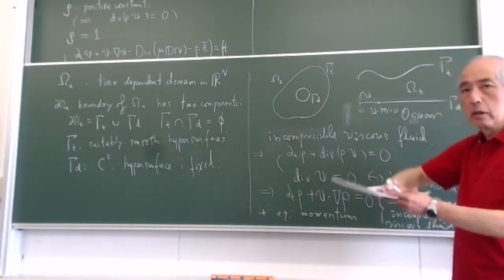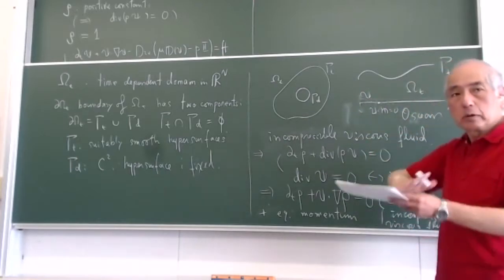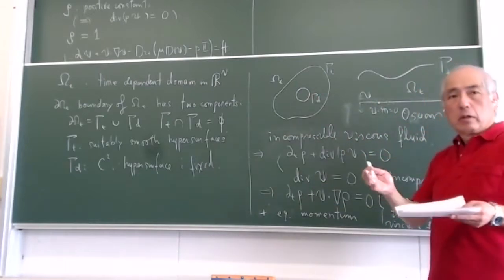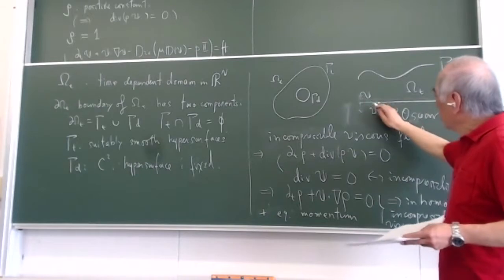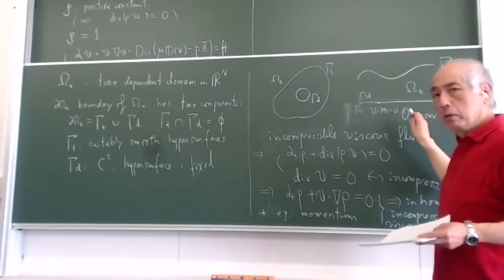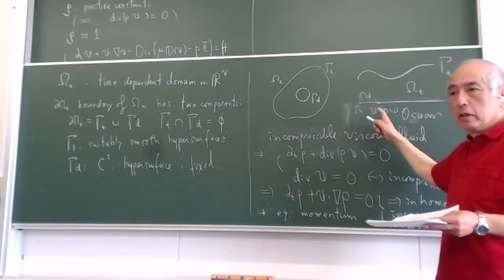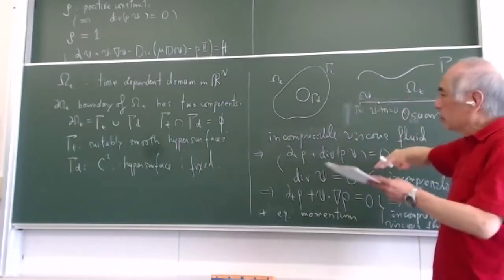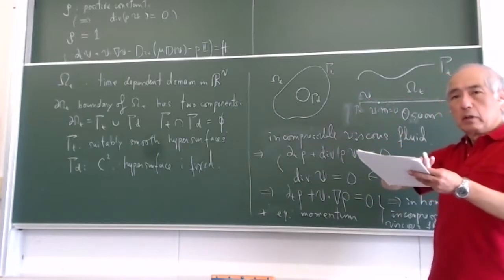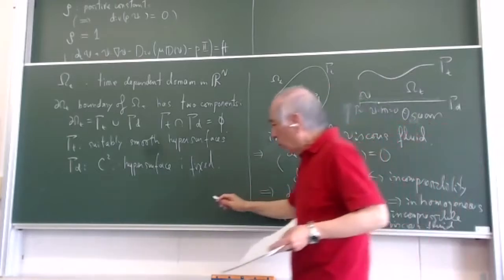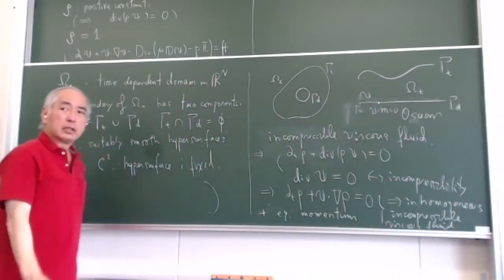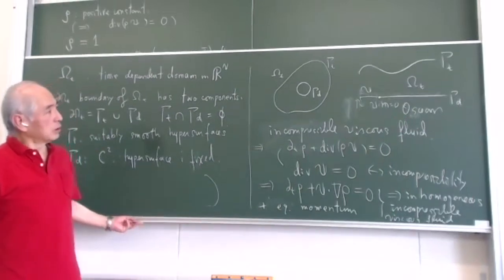It's a fixed boundary, so the flow doesn't go out from this boundary. Also, there's no gap between Gamma and the edge of the flow fluid. It's really the character of fluid. Fluid always wants to occupy everywhere. This is very natural.